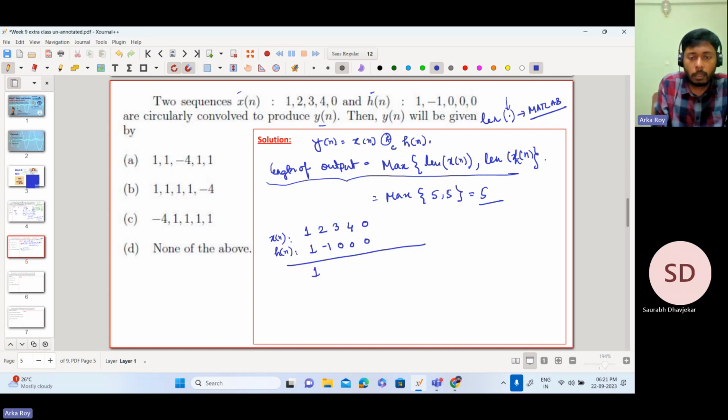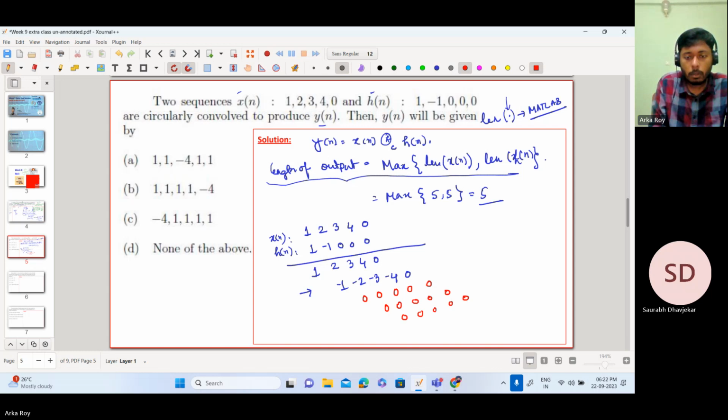So 1 is multiplied with each element of x(n): 1, 2, 3, 4, 0. Then minus 1 is multiplied, with a right shift: minus 1, minus 2, minus 3, minus 4, 0. Then 0 is also shifted: 0, 0, 0, 0, 0, and then again shifted: 0, 0, 0, 0, 0.